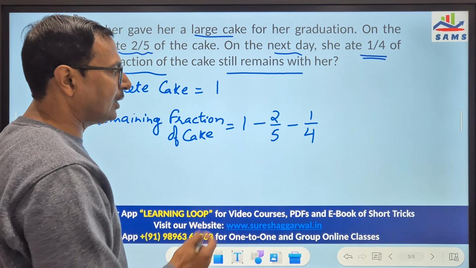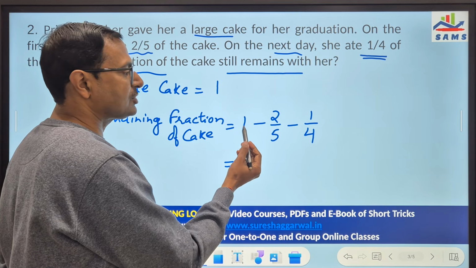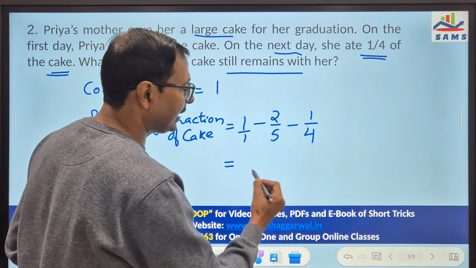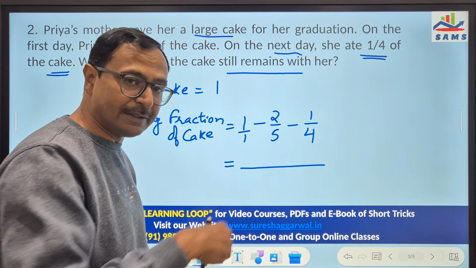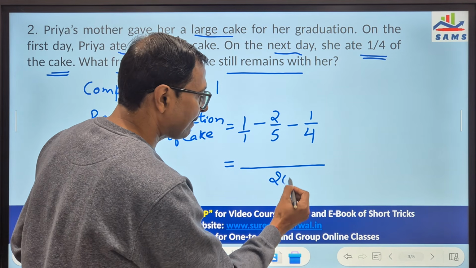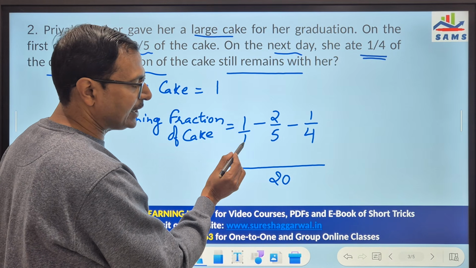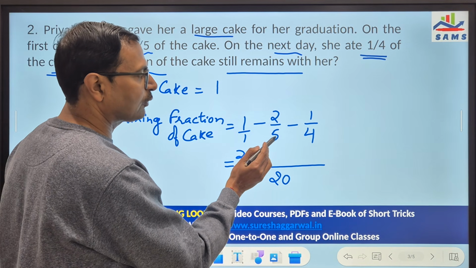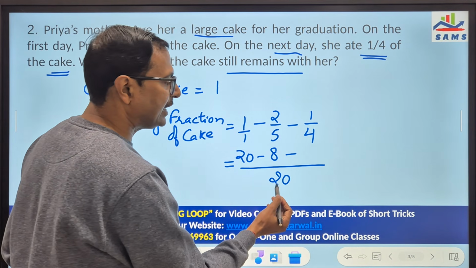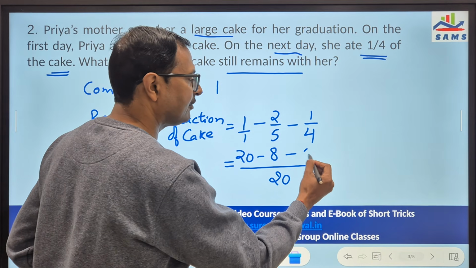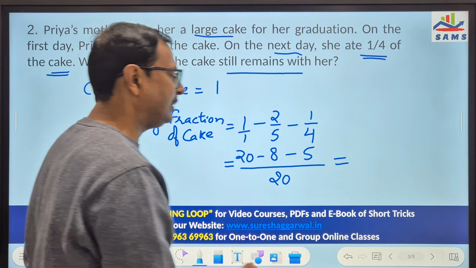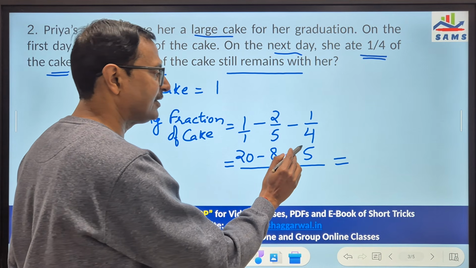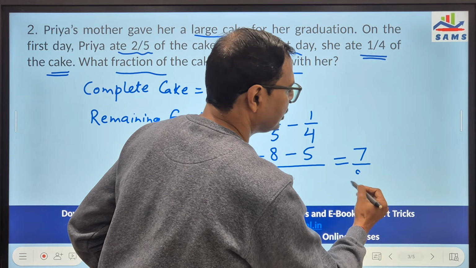So how do you do this now? You should know how to solve 1 minus 2 by 5. This is 1 by 1. So you can take the LCM of 1, 5, 4 together, which is 20. 20 divided by 1 is 20, 20 into 1 is 20, minus 20 divided by 5 is 4, 4 2s are 8, 20 divided by 4 is 5, 5 1s are 5, and your answer will be 20 minus 8, 12, 12 minus 5, 7, 7 upon 20.